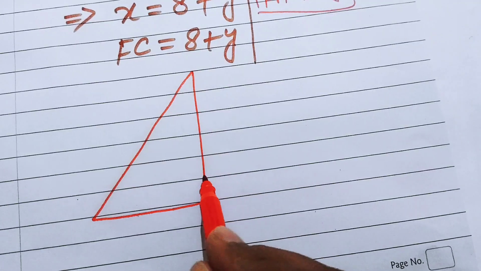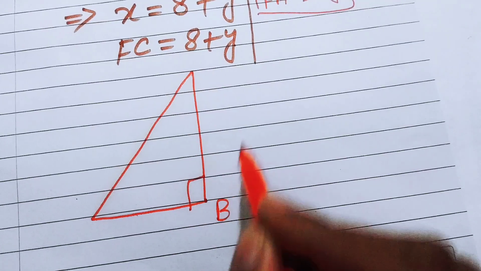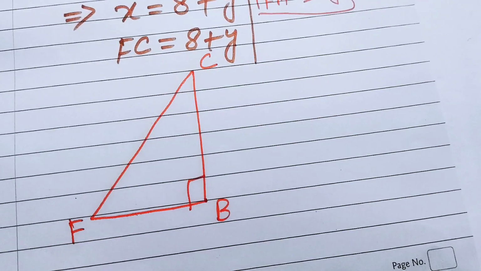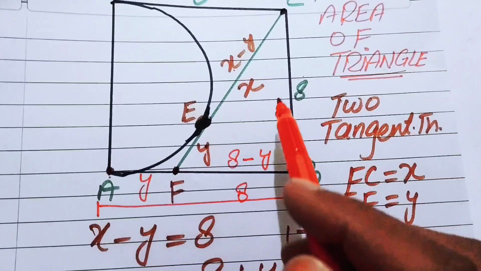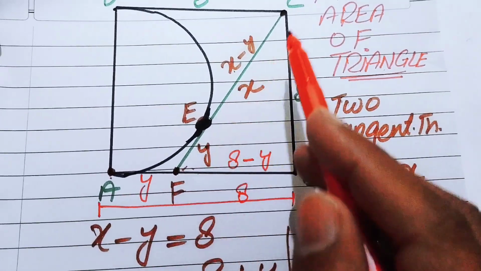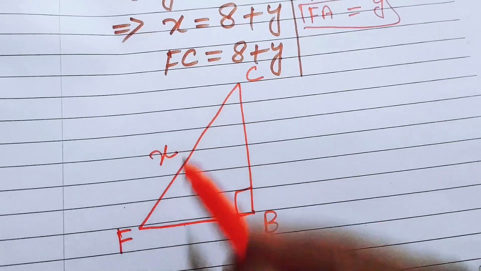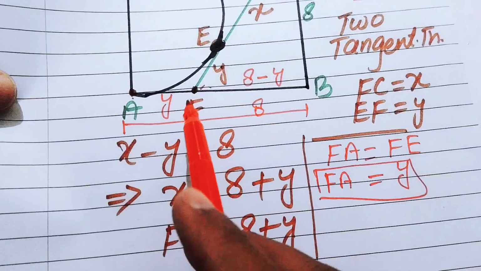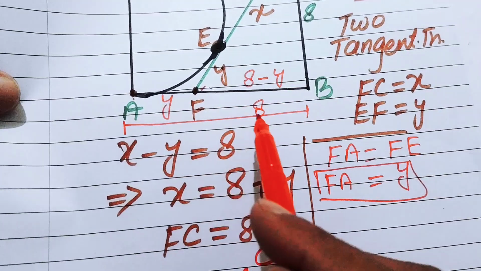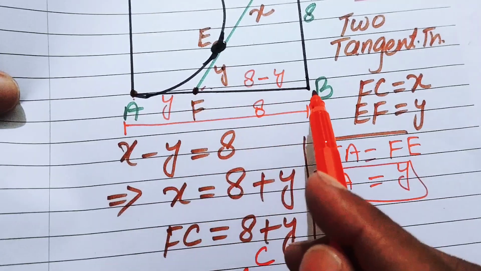So this is the right angle, and this point is B, this point is C, and this point is F. If you see in the diagram, the longest leg is x, because our FC will be x. Our base is FB, and it is 8 minus y, because 8 is the total length, but the F to B length is 8 minus y.